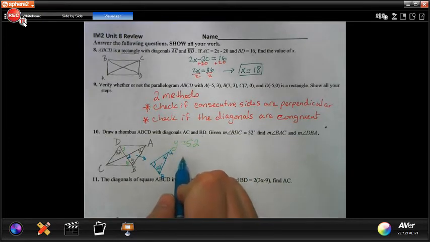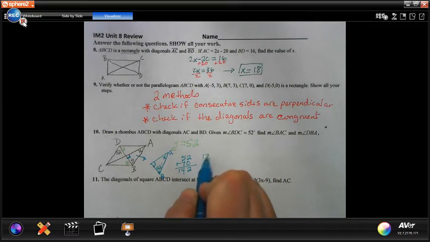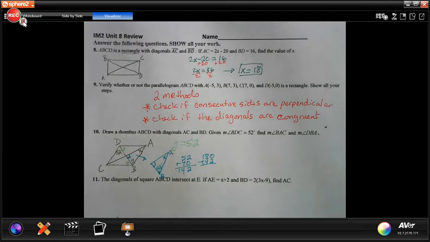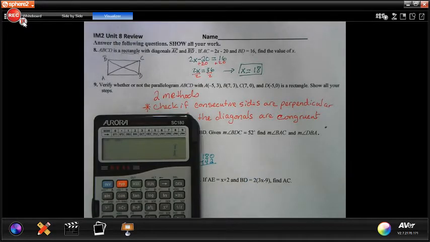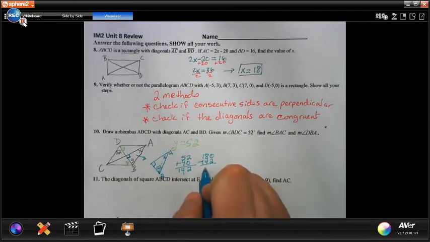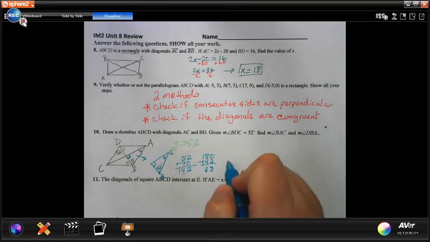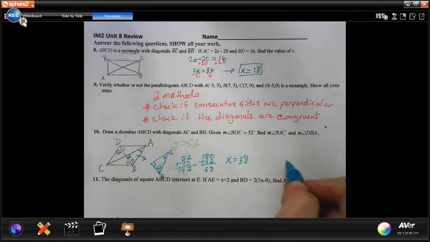So we take 52 plus 90, and then we subtract from 180. I'm just going to use my calculator. I'm not that great with subtraction. So we get 38. Alright, so that means X equals 38 degrees. There we go. Y is 52 degrees. X is 38 degrees. And there we go.